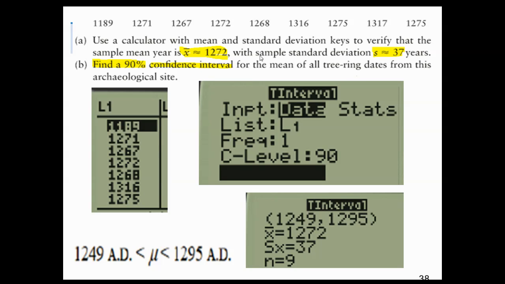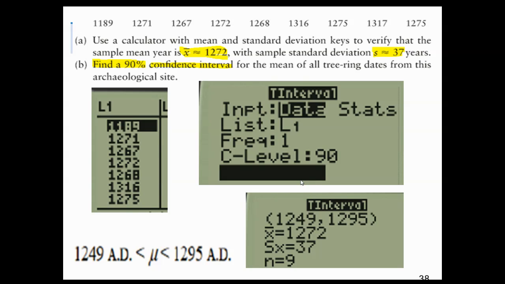How would I figure out the confidence interval with just the raw data? Well, I would go to edit, I'd go to list 1, and I would put in those 2, 4, 6, 8, 9 numbers. You don't see all 9 of them there because the calculator won't show you. It shows you 7 at a time. But you've got to realize I put all 9 values into list 1.